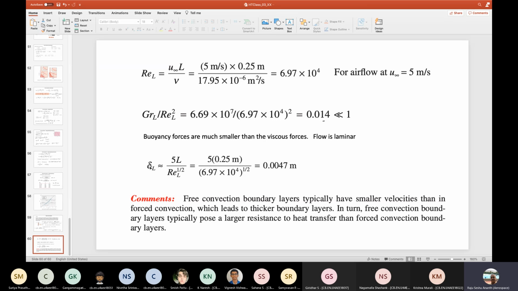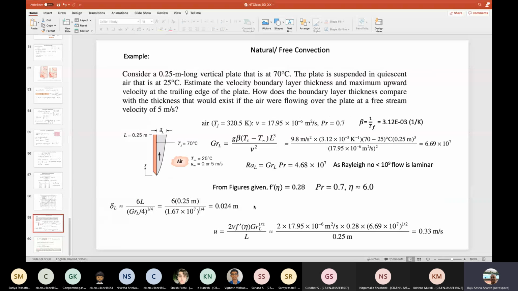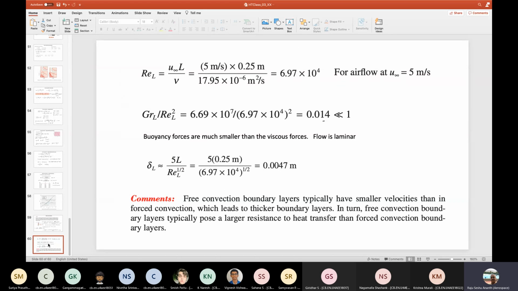The equivalent boundary layer thickness is only about 5 millimeters, whereas for natural convection it was 24 millimeters. Free convection is for smaller velocities and has a thicker boundary layer, which is why heat transfer is lower in natural convection, as we know already. Forced convection heat transfer will be much higher, but the boundary layer thickness will be thicker in natural convection.